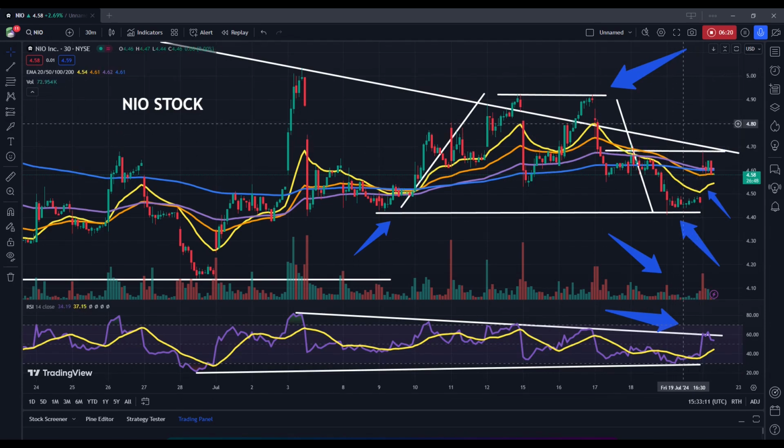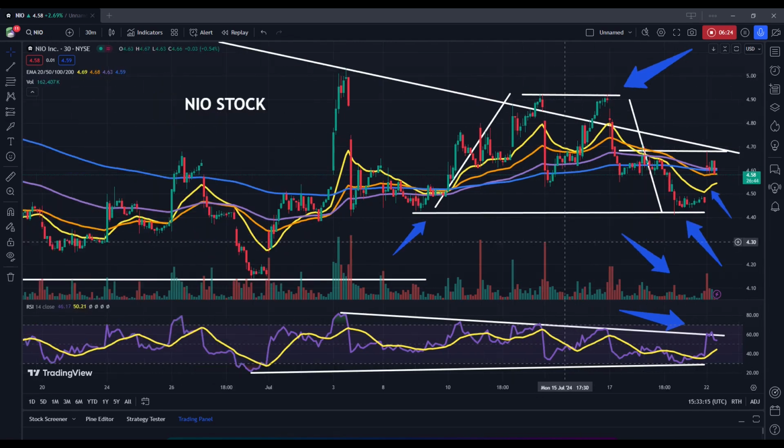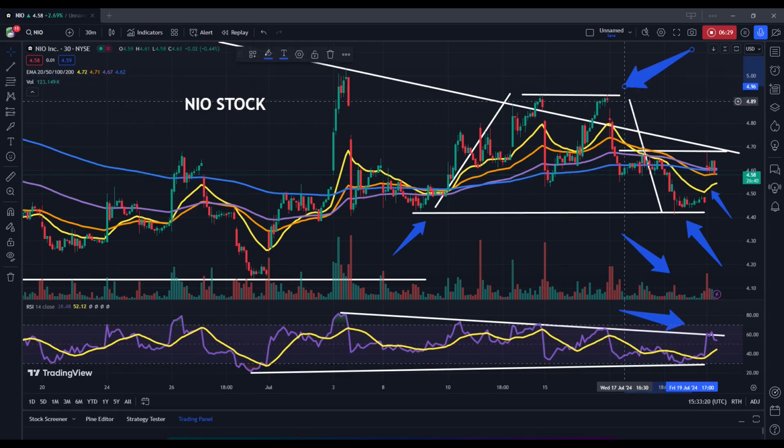If we're able to do that, once again, we would be above this prior downtrend line. And then we would be back to focusing on this double top resistance zone, which comes in just above $4.90. All of this is what is going to be required in order to see a break to the top side and to really start testing this $5 mark once again.